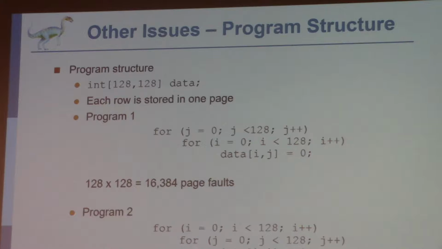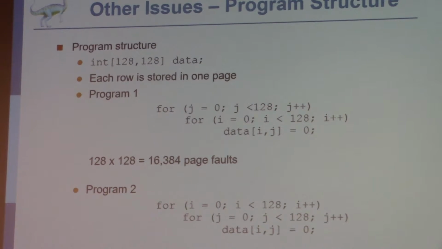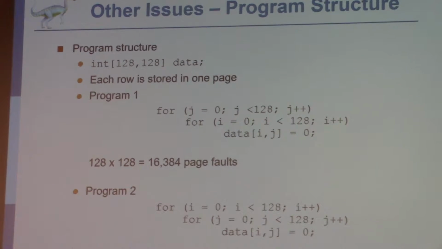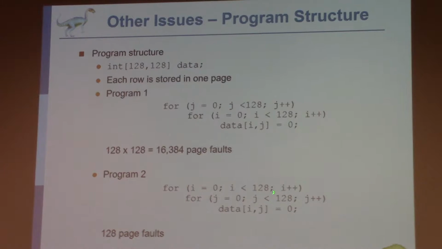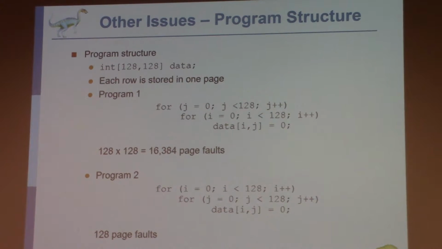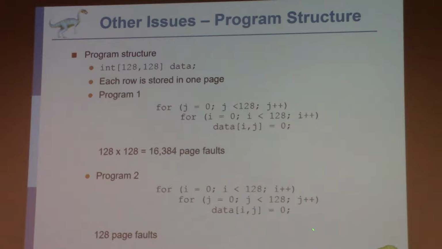So when you learned programming the first time, probably the instructor asked about any difference between this one and this one. This is the initialization of the array, with i and j. Any difference in terms of output? No, it's nothing different.